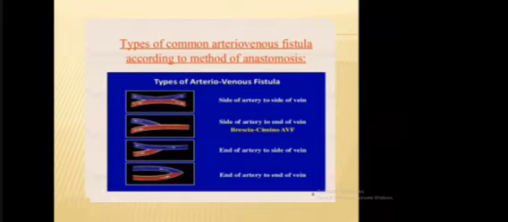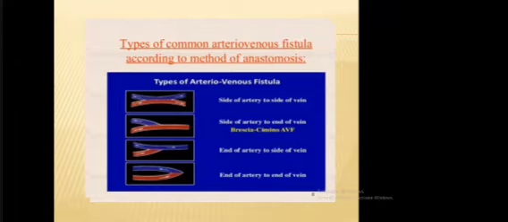That is the classical brachio-cephalic AVF: the end of the vein is directly connected to the side of the artery. Then another technique is the reversal technique, where the end of the artery is anastomosed to the side of a vein. The last option is the end-to-end artery and vein anastomosis.